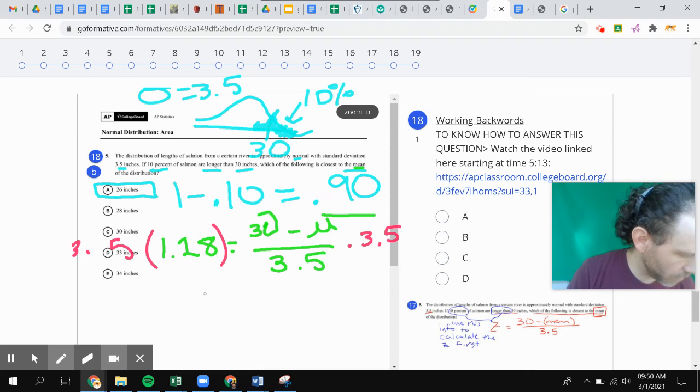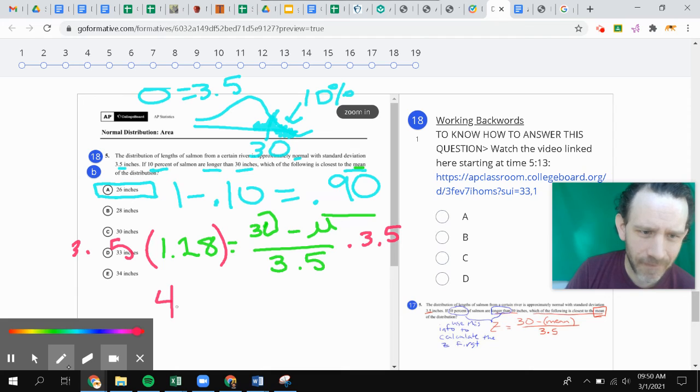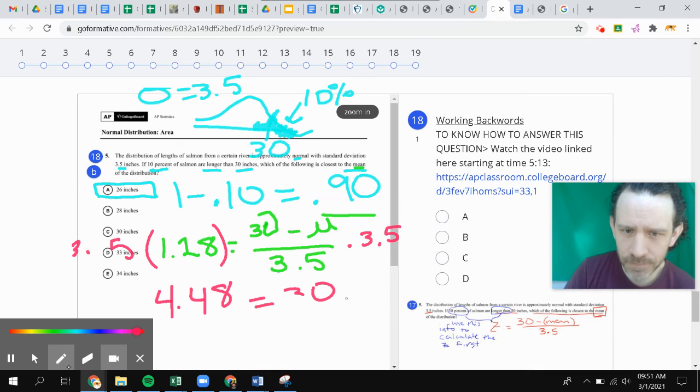What's 3.5 times 1.28? 4.48. And that's equal to 30 minus the mean.